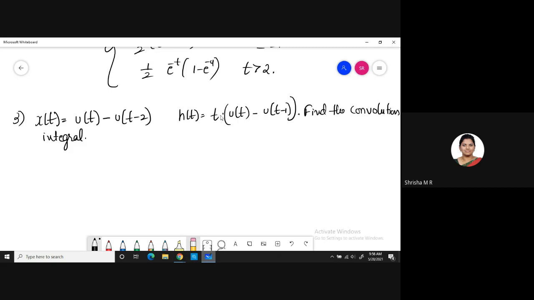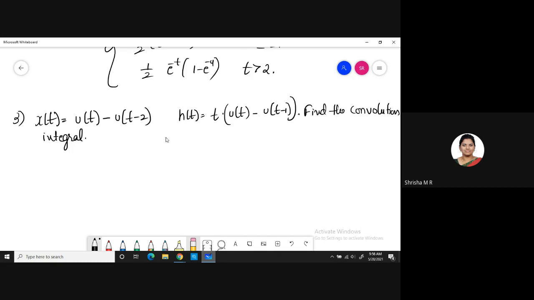If you multiply that with t, you will have a ramp, a triangular waveform, like this. So both are finite series, and then your convolution integral y of t will have 5 cases.